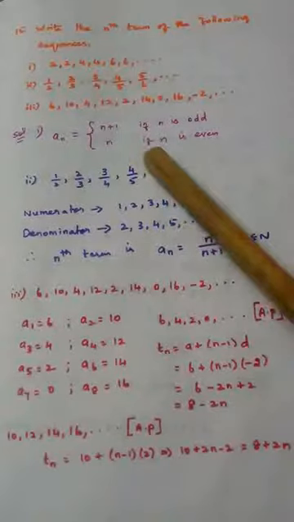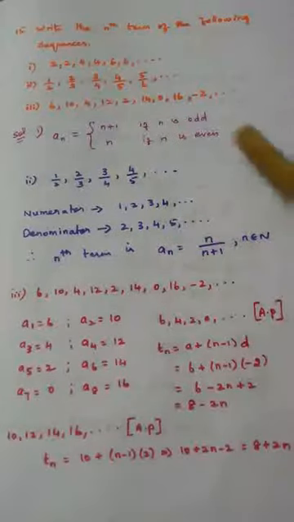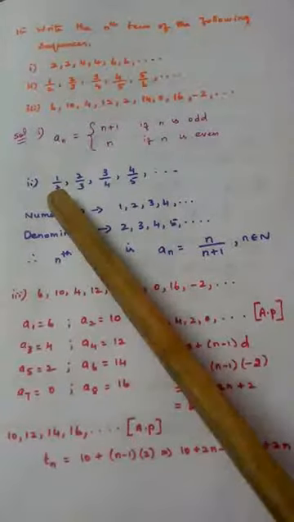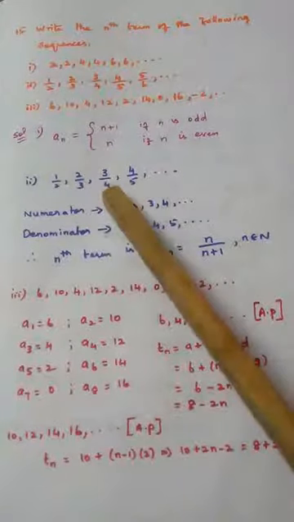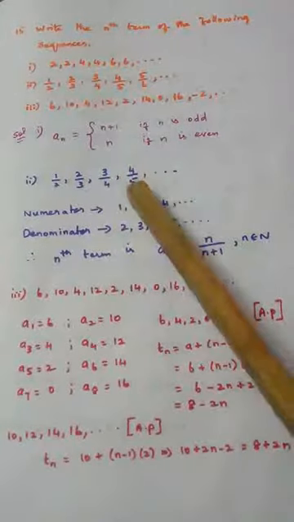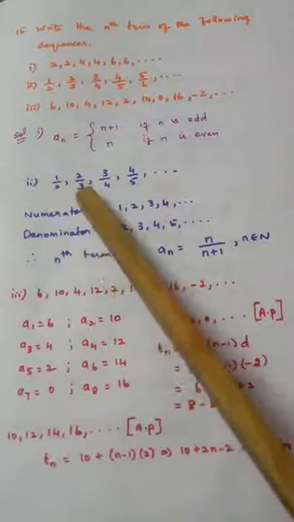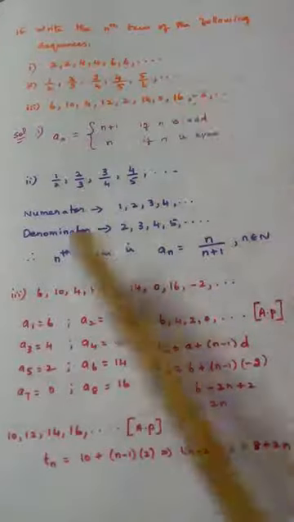So I can just put n for the numerator. For the denominator, first term means 2, second term means 3, third term means 4, so 3 plus 1, fourth term means 4 plus 1, first term means 1 plus 1, second term means 2 plus 1, like that. By thinking like that, I'm just writing the answer directly.